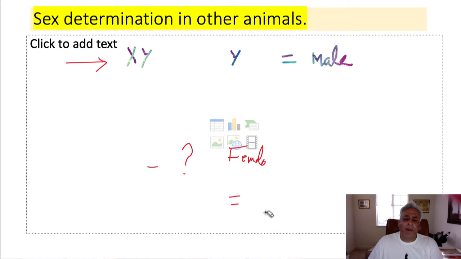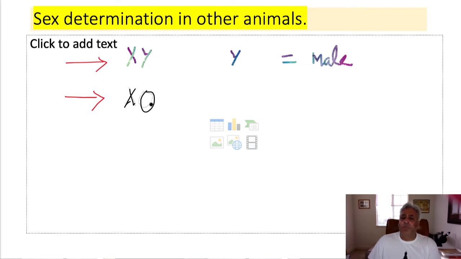We're going to do a comparison, right? We're going to contrast what we have with other creatures. So let's put a line to represent an alternative system. So let's call that system here the XO system. That's called the XO system.